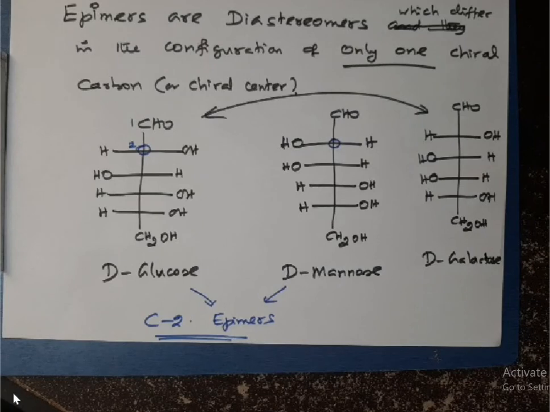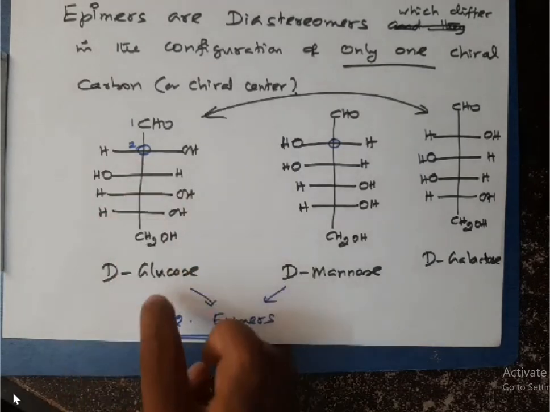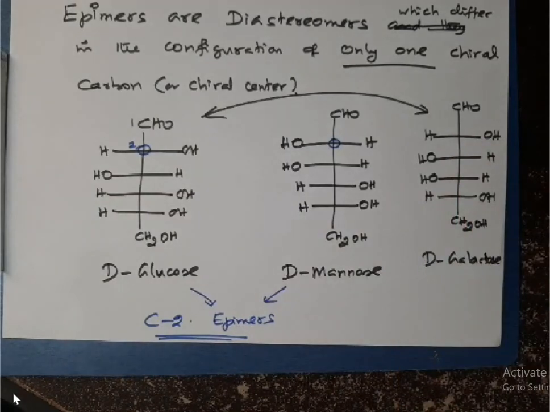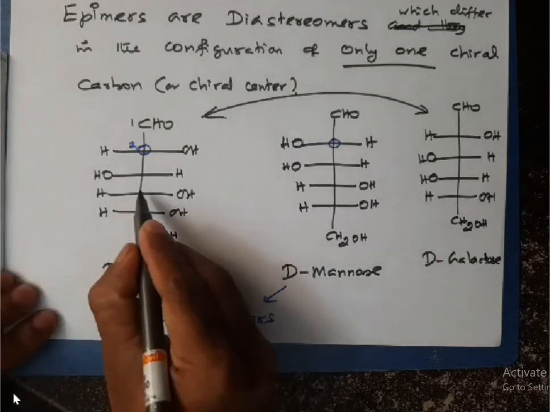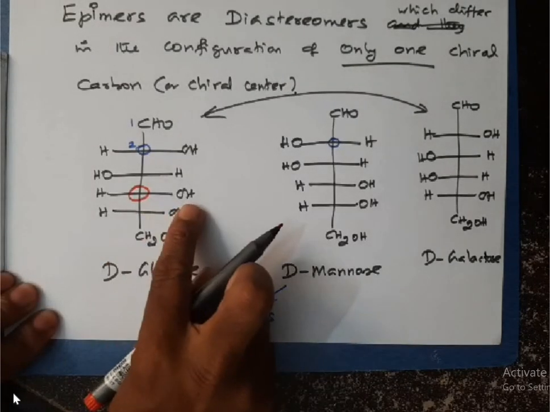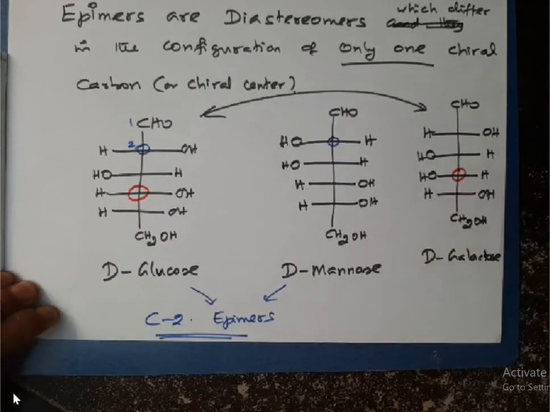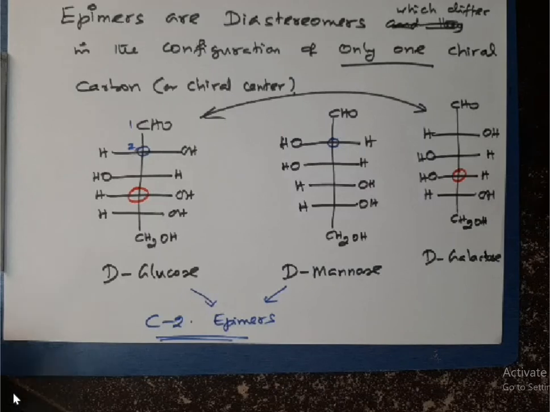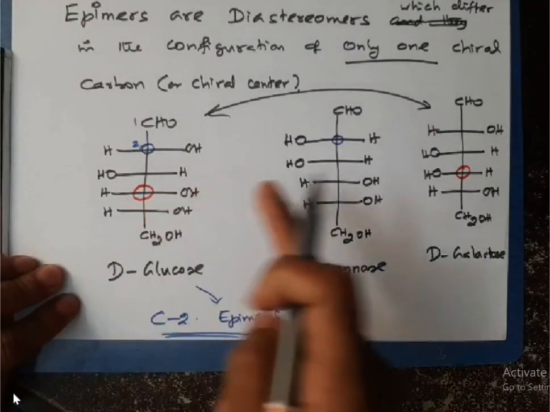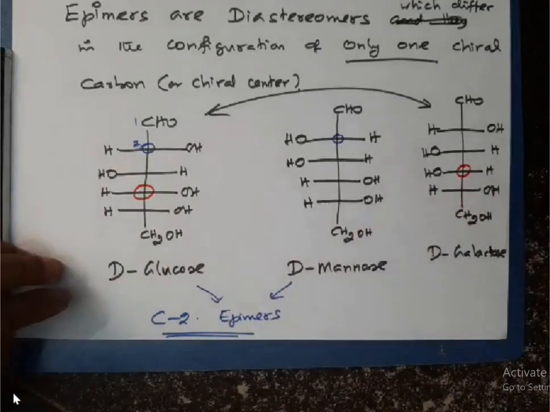In which carbon they differ? See the structure of glucose and see the structure of galactose. Fourth carbon, sir. Okay, in fourth carbon, right? You're right. So in fourth carbon, here we have OH group in the right hand side, whereas here in the fourth carbon, OH group is the left hand side. Therefore, we can say D-glucose and D-galactose are C4 epimers.